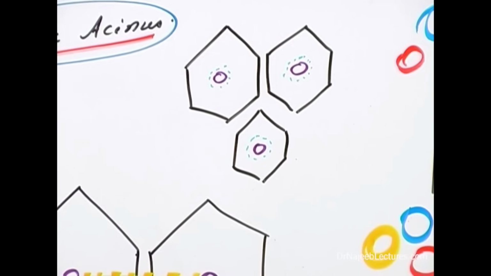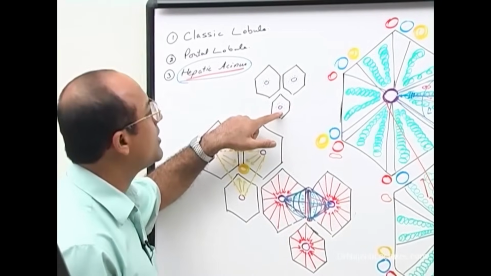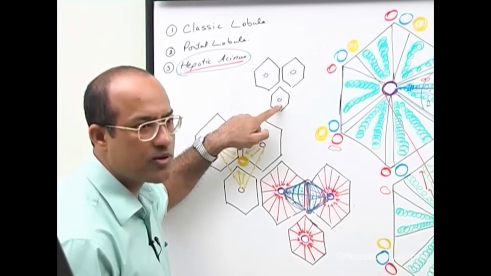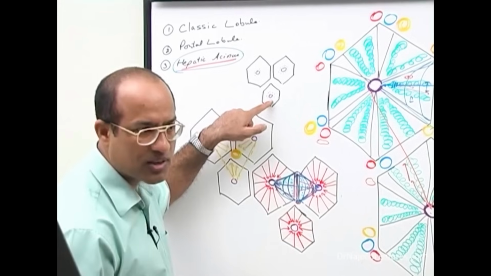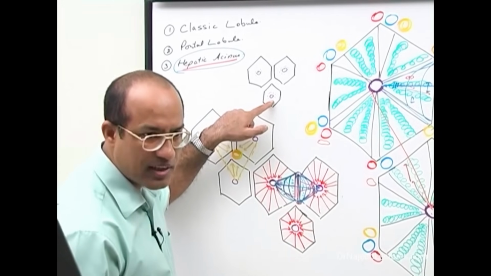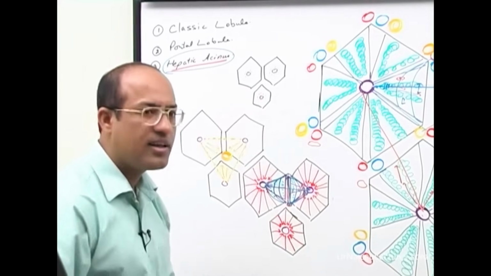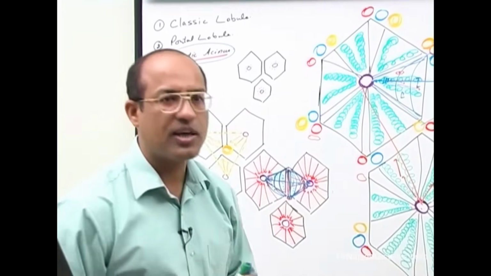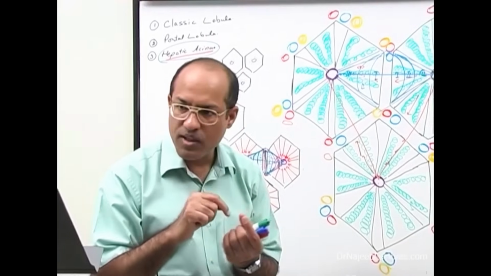So either they will go into full necrosis or they will become loaded with fat, because the lipid which they are receiving, they cannot catabolize, and whatever they are synthesizing, they cannot secrete. So they become loaded with lipid. So we say that in case of congestive cardiac failure, there is pericentral necrosis of the hepatocytes.